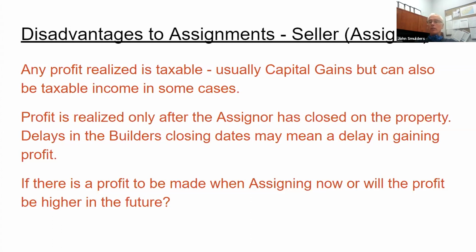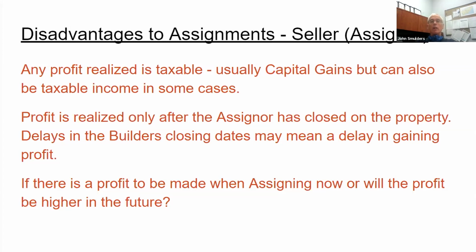Because if you do assignments over and over and over again in a short period of time, the Canada Revenue Agency is going to look at you as being in business, okay? And when you start a business, guess what? Now you're not capital gains anymore. You're now taxable income, okay? Taxable income is a higher rate, percentage rate of taxes than capital gains.